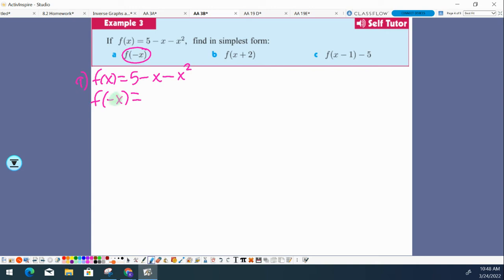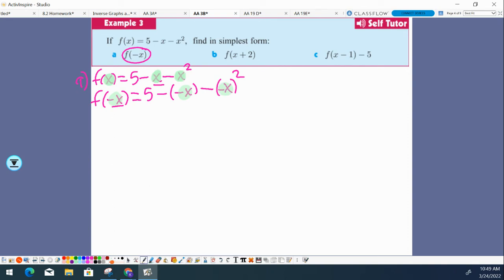That means negative x is taking the place of every x in the original problem. So bring down the 5, bring down the minus, replace this x here with the negative x from the other side, minus this x also becomes a negative x. The notation for the entire equation should remain the same. It's just every place the original had an x, you now put in a negative x.